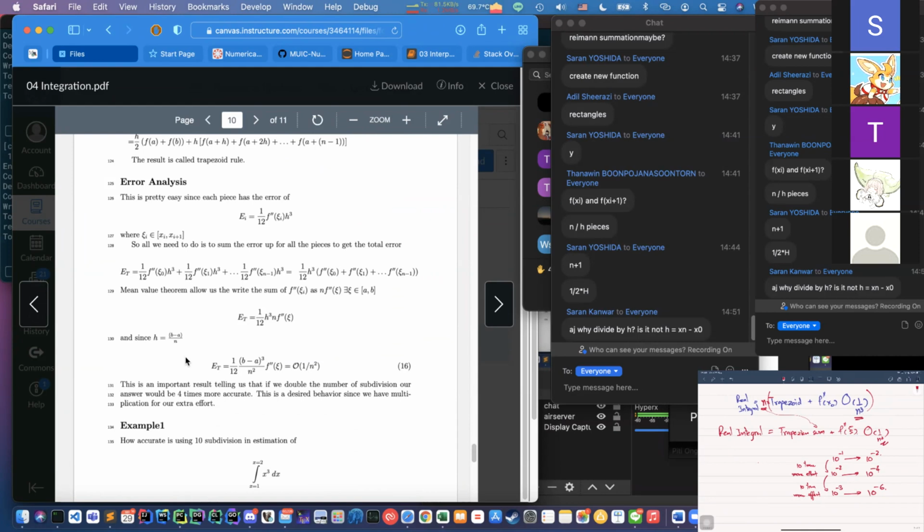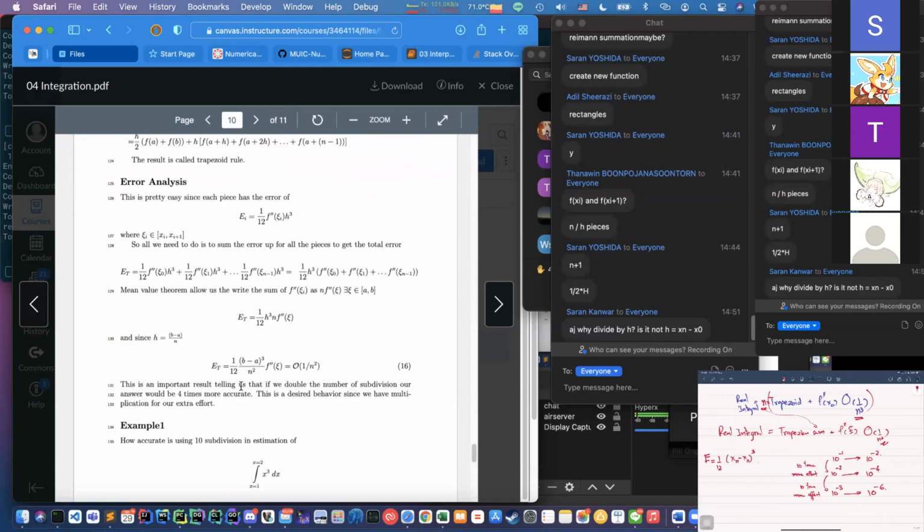So the exact formula, which I'm going to cheat on because the proof, if you're interested, you can read in the lecture note, but if you're not interested, just get the last line here. You can see it's order of 1 over n squared because there's an n squared over here. So the error from trapezoid is going to be 1 over 12 times the bound cubed, which is xn minus x0.